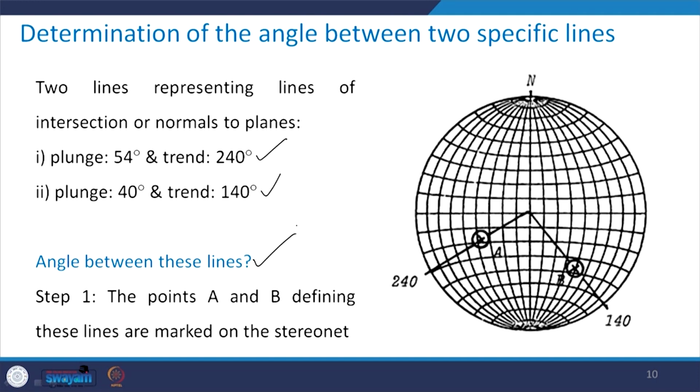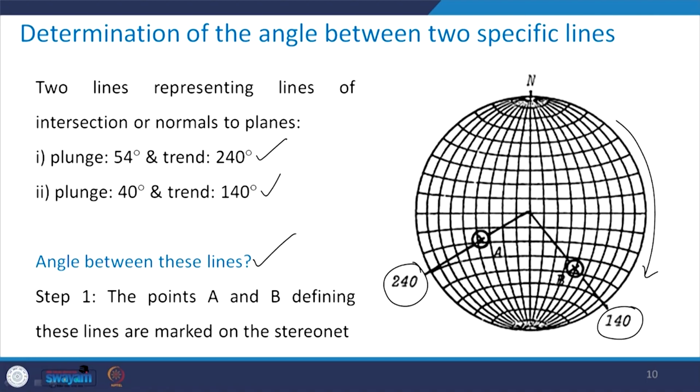In this case it is 140 degrees and 240 degrees. So, from the north in the clockwise direction, I will mark 2 points, that is 140 degrees and 240 degrees, and join them with the center of this circle.